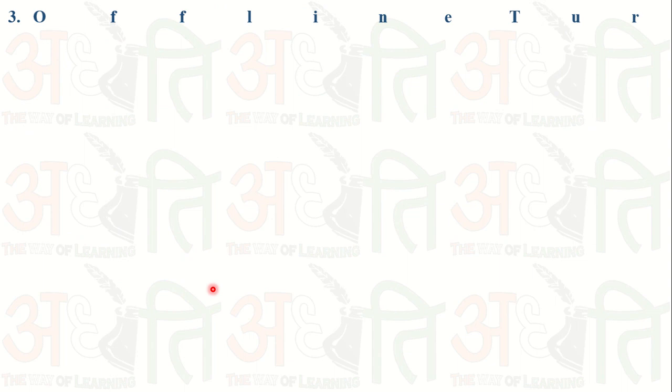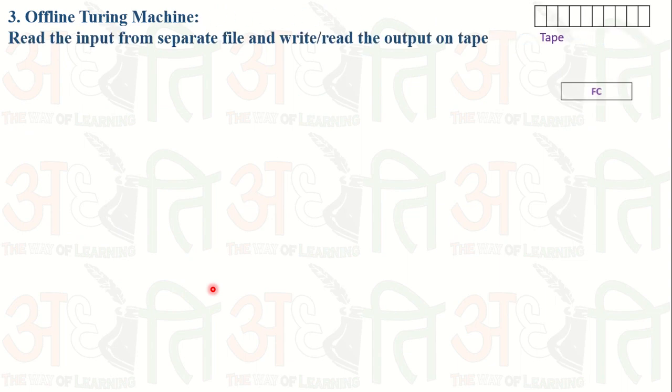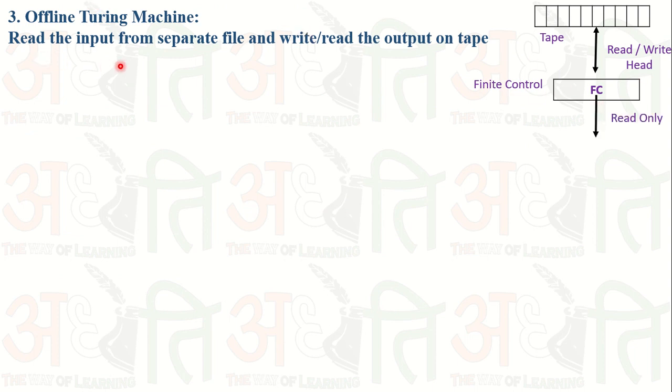The next modification is the offline Turing machine. What do we mean by offline Turing machine? Let me give an example. There is a tape, which we read and write data on, and a finite control. In an offline Turing machine, we do not put the data onto the tape.